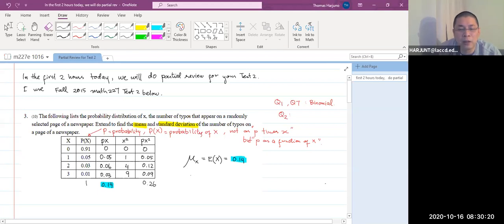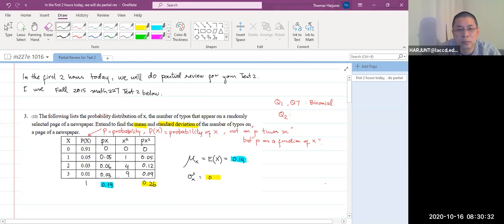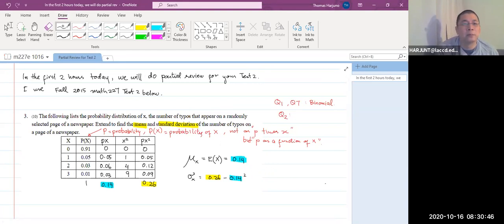Then the variance of x will be the sum of Px squared minus the expectation, the sum of Px, being squared. Okay. Everybody with me, by the way?